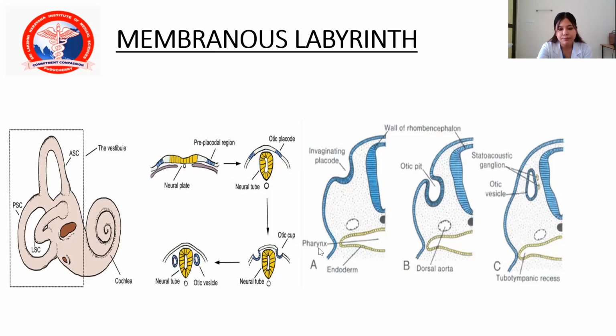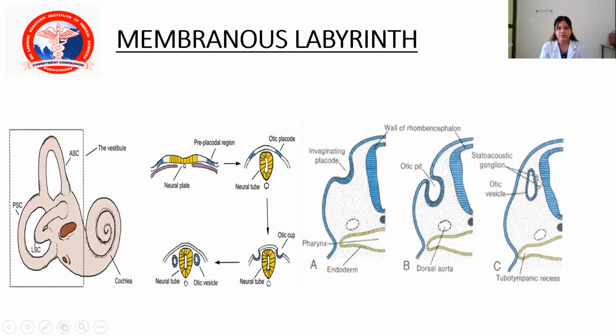Now, when this depression has formed, what happens? The two edges of the otic pit fuse together as the depression becomes deeper. As a result, the two ends of the otic pit fuse together and unite to form the otic vesicle.